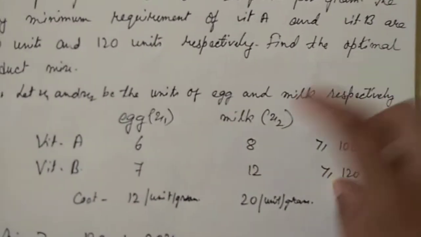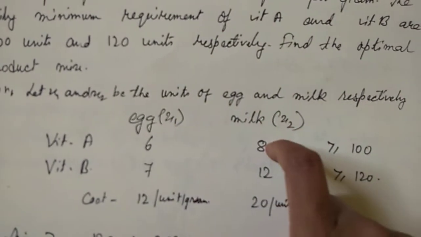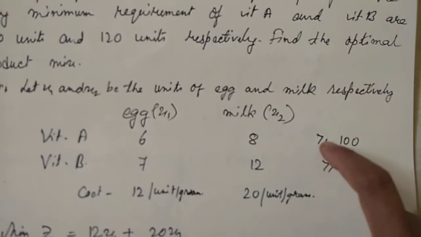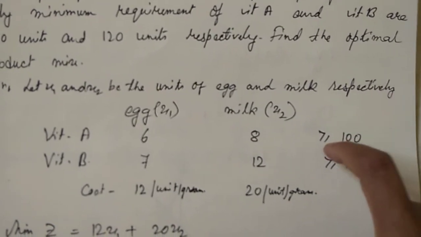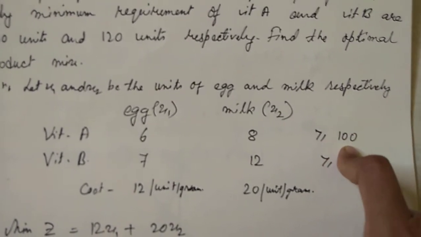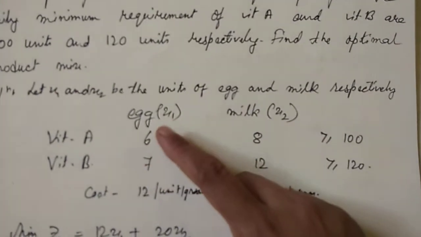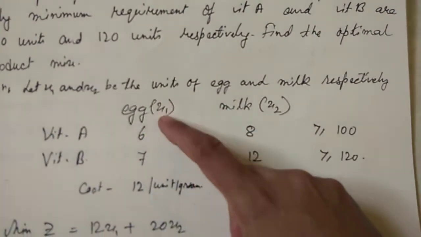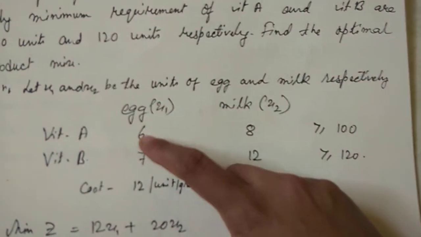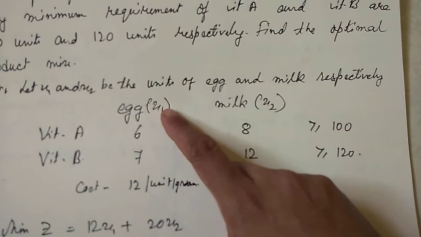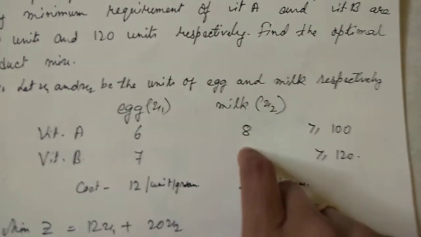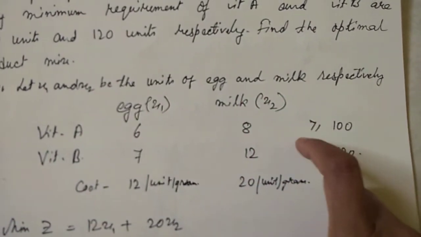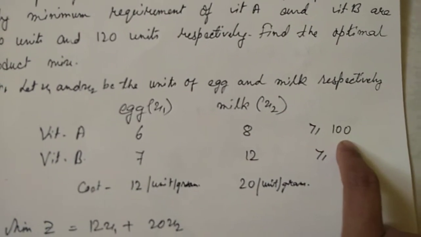That means whatever quantity of egg and milk we purchase, the vitamin A has to be either 100 or more. So 6 units of vitamin A in x1 units of egg and 8 units of vitamin A in x2 units of milk has to be either equal to or more than 100.